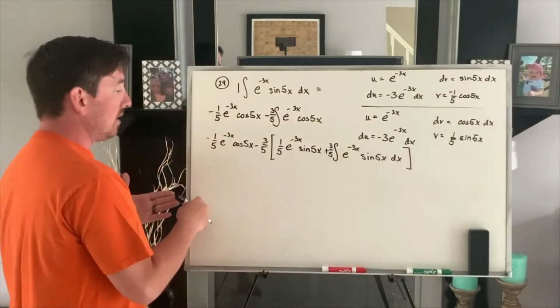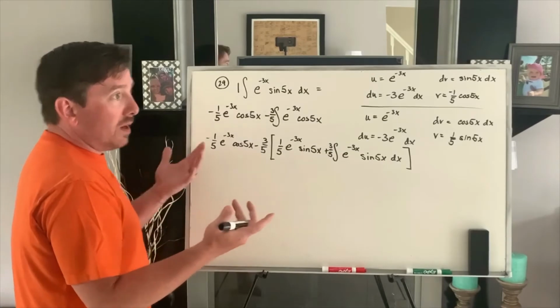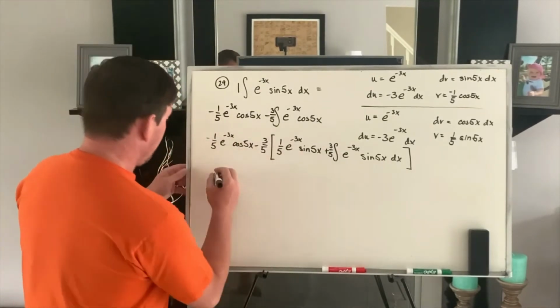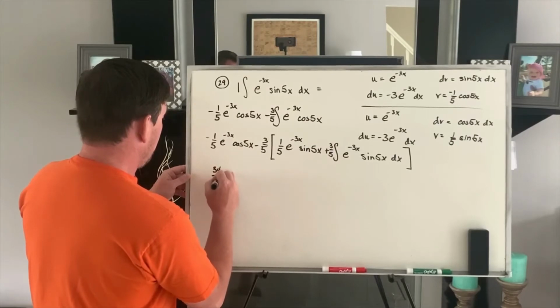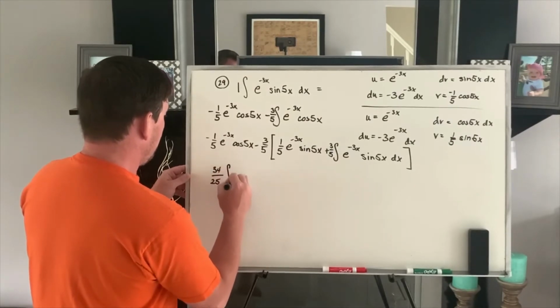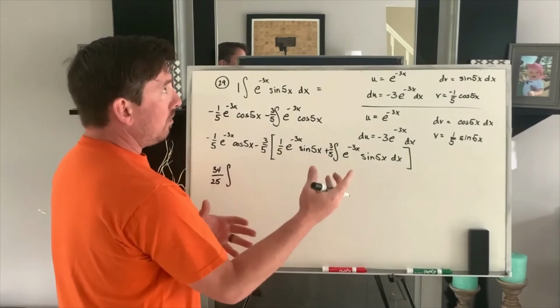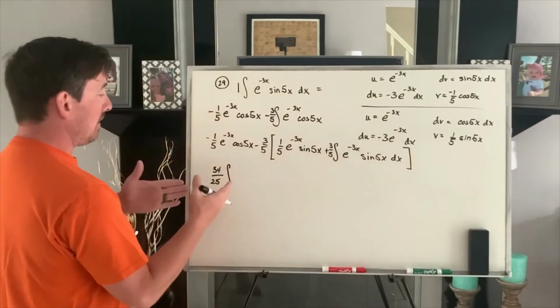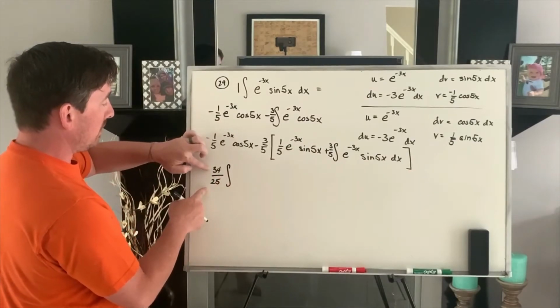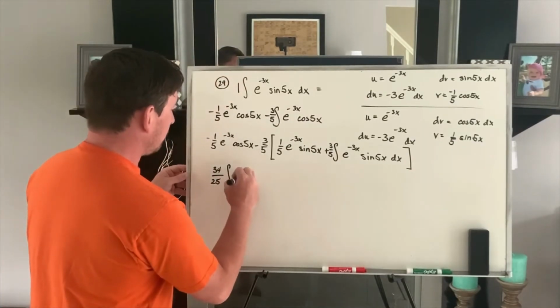So now I have over here 1 and 9/25. So add the 9/25 of this integral over to the left-hand side, and we'll have 34/25 of this integral.